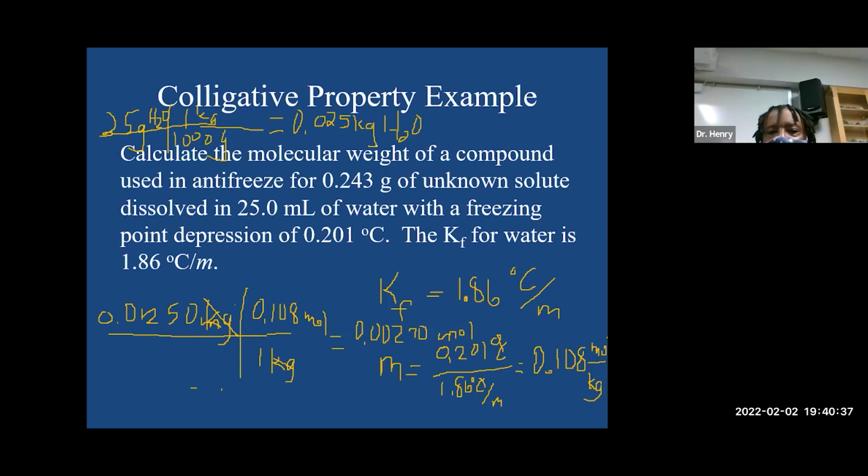So I just take my grams and divide it by my number of moles: 0.243 grams divided by 0.00270 moles, and now my computer is lagging again.